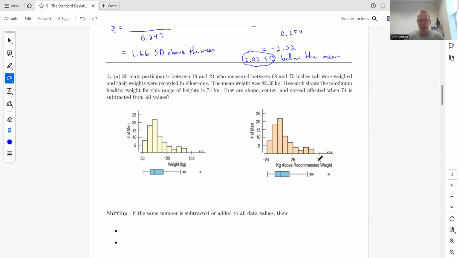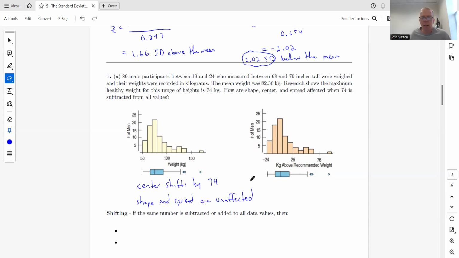So the center shifts by 74. Shape and spread are unaffected. So adding or subtracting does not affect the shape and the spread, but it does affect the center.